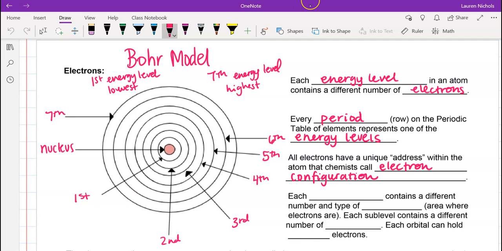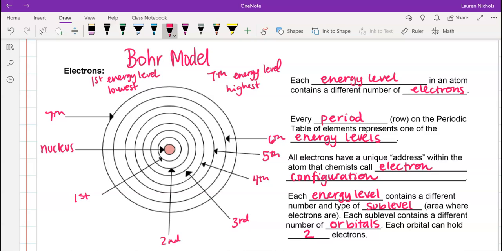Within each energy level, each energy level has a different number and type of sublevel. And in the sublevels, depending on the type of sublevel, each contains a different number of orbitals, those regions of space that we talked about electrons being in, and each orbital can hold up to 2 electrons.